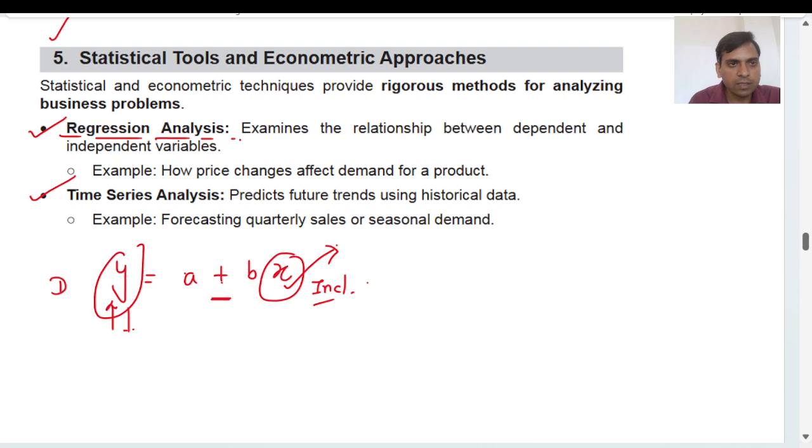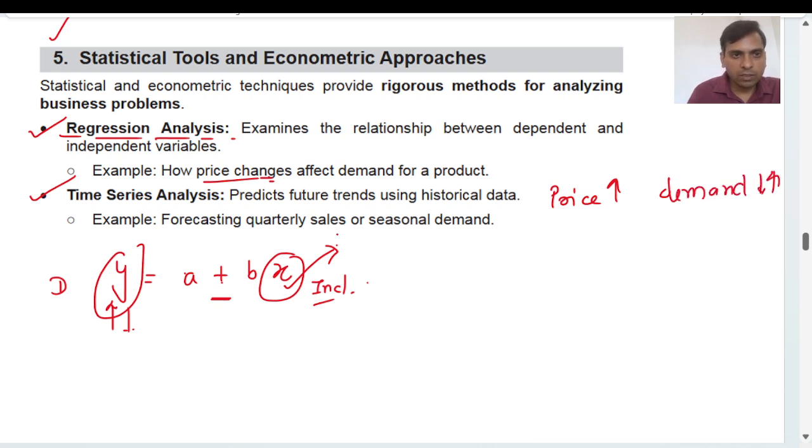We will discuss the method. For example, how price changes affect the demand for a product. So demand and price: when price changes, how does the demand change? Demand increases or decreases.